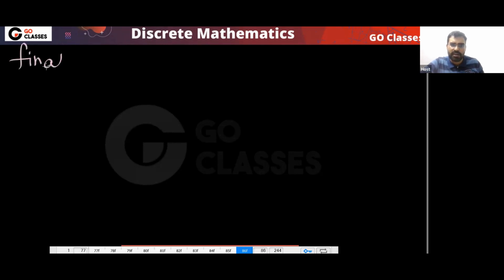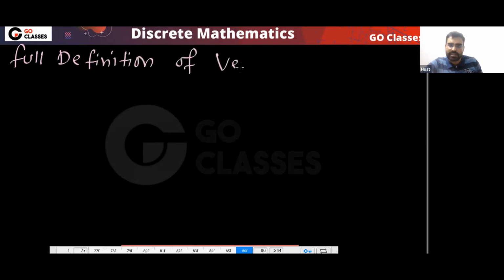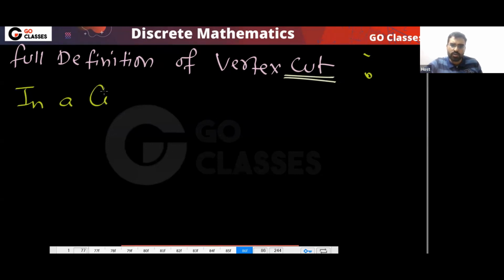This is the full definition of vertex cut. A vertex cut means a separating set. Focus is on cut. In a connected graph, all these concepts are defined for connected graphs, remember.